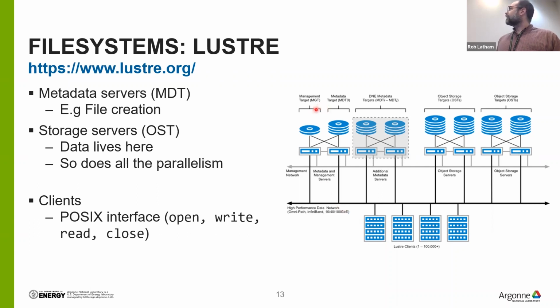They have a metadata server, or MDT, and each of these object storage targets, or OSTs, the actual devices holding data, is published out to the file system through these object storage servers, or OSSs. I'll try to use terms like servers and devices and not get too caught up in the specific terminology of Lustre. And then there's a network of some kind, usually shared with the compute side too. It helps all these clients talk to the servers as fast as possible.